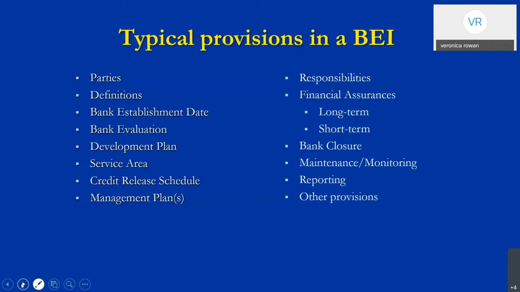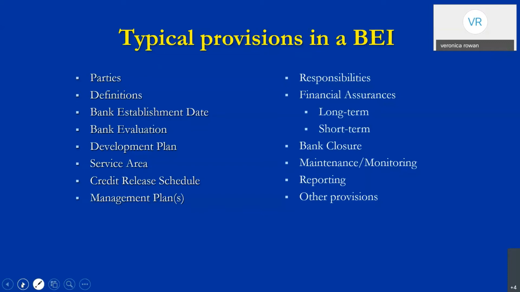Like I said, at this particular stage, there's a lot of discussion between the bank sponsor and the review team. These documents go back and forth. One of the reasons that we prefer the template approach is because they've already been reviewed and cleared by management and the legal departments of the agencies.